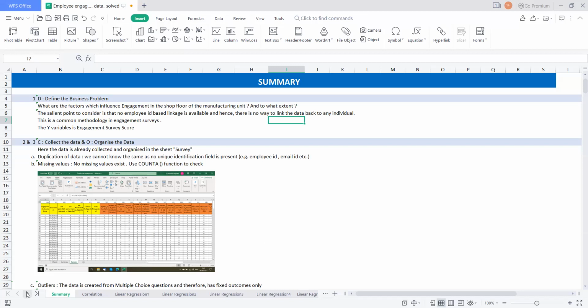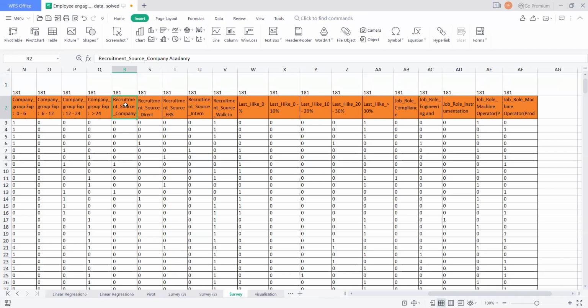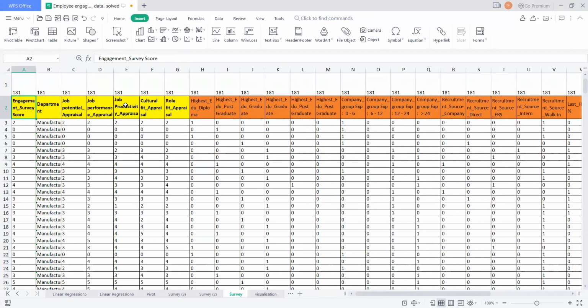So let's look at the data. It will give us some clarity. When we went to the survey data sheet, we can see that there is enough and more data related to the survey score, which is between 0 and 5, the department, and job potential as per appraisal. So yes, the next four values are related to appraisal. And then there is information about the education of the employee, the amount of time the employee has spent in the company, and recruitment source.